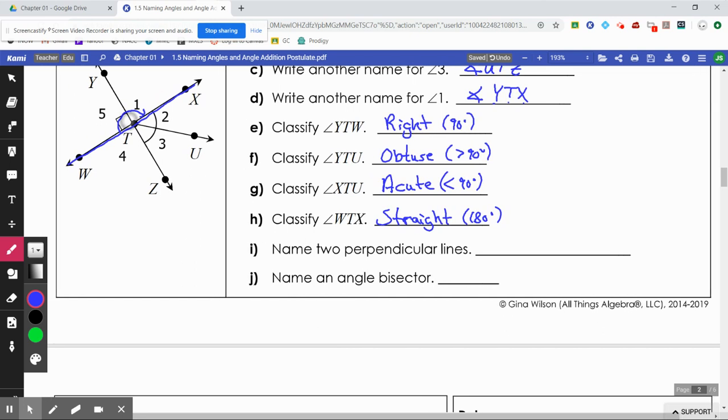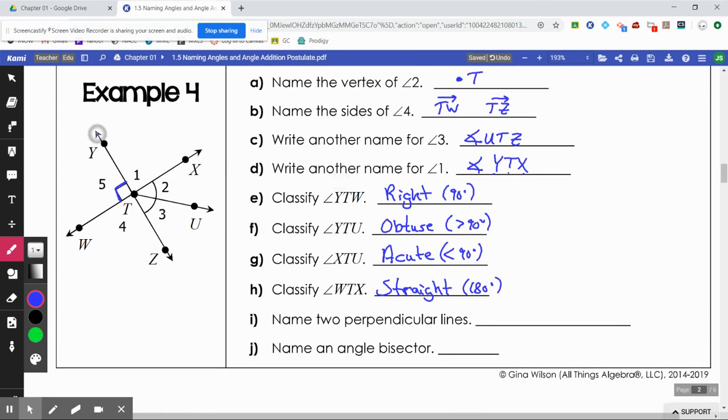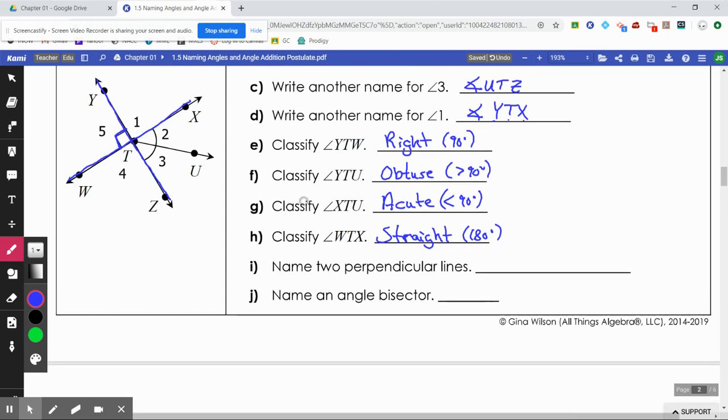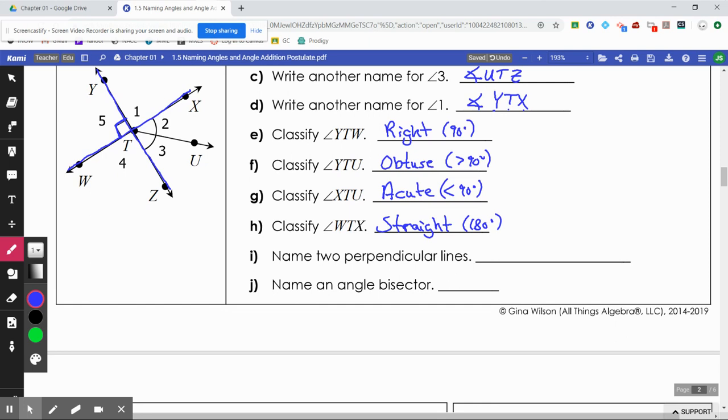Name two perpendicular lines. Perpendicular lines are two lines that cross to form right angles. So therefore, since our right angle is right here, that means that this line would have to be perpendicular to this line. So my perpendicular lines, and you can name lines with any 2 points. So this line, you can name several different ways. You could say YT, YZ, ZT, ZY.